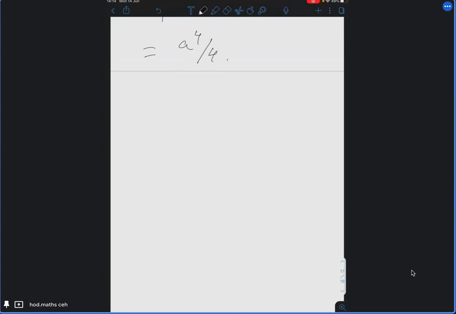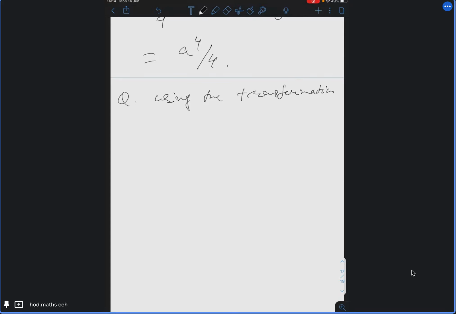Okay. Now let us see another system where the transformation is given. Using the transformation x plus y is equal to u and y is equal to uv, evaluate this double integral 0 to 1, 0 to 1 minus x, e to the power y by x plus y dy dx.